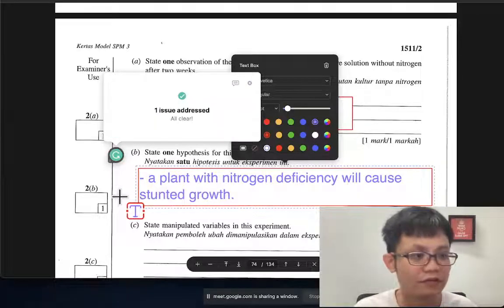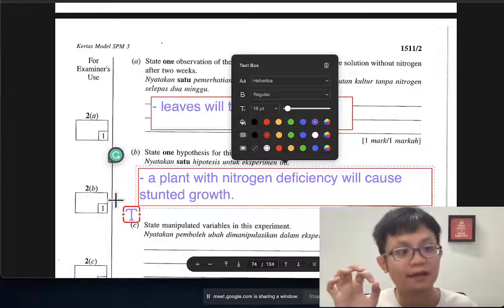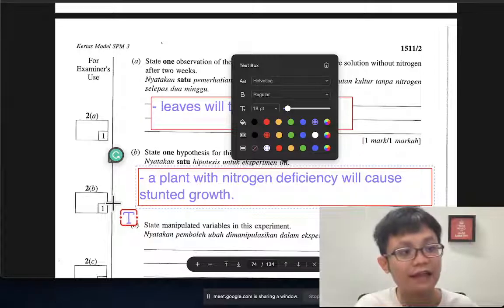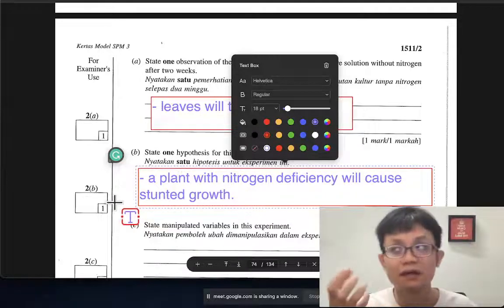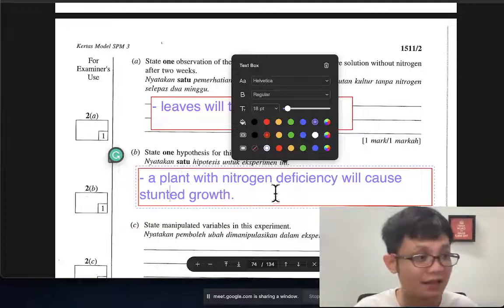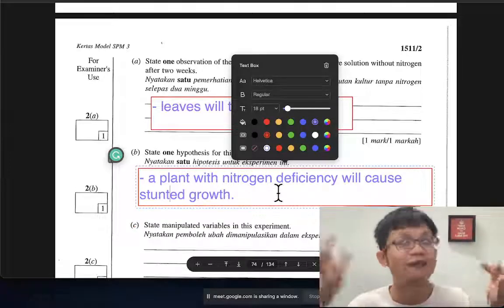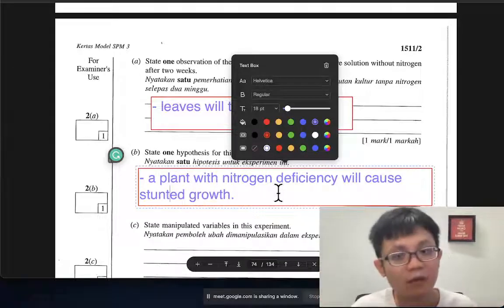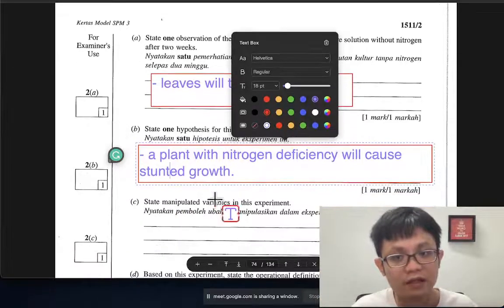The main point is we want to know that plants need nitrogen. If no nitrogen, there is stunted growth, and yellow leaf is the evidence of stunted growth. So this is the better hypothesis. But I didn't say the student is wrong. The student is correct, and maybe the teacher also will give correct, but the more precise one will be this one.